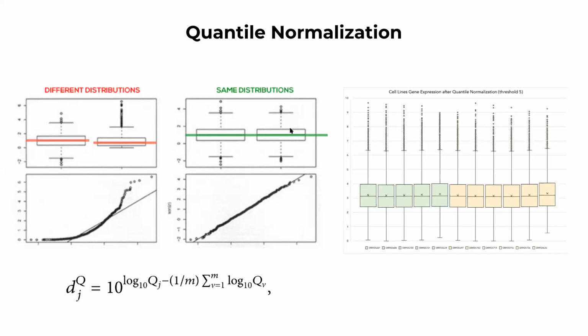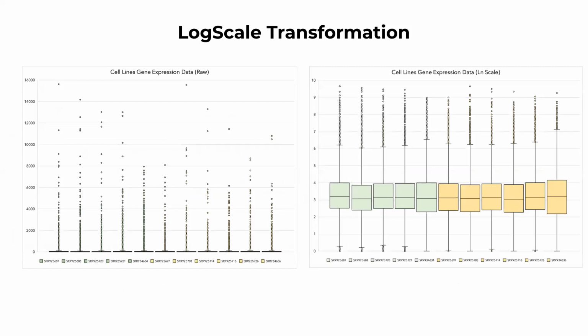However, I use a threshold, so I don't want to normalize everything. And so one of the questions is, what is this threshold? So if we look at the quantile normalization here, let's just quickly compare it to the previous box plot that we had here. You can see here variation in each individual sample, right?